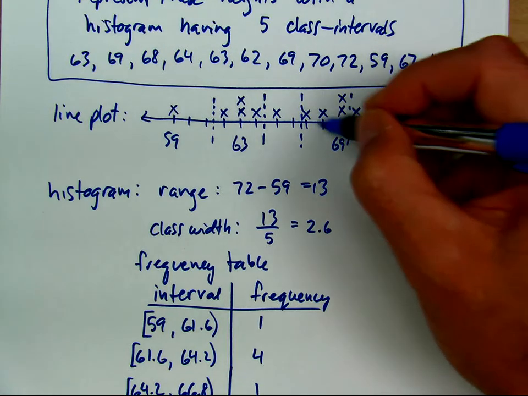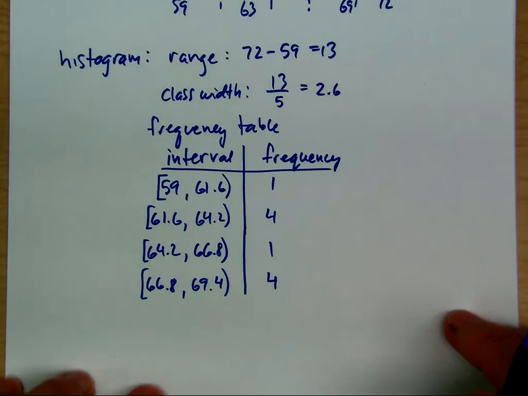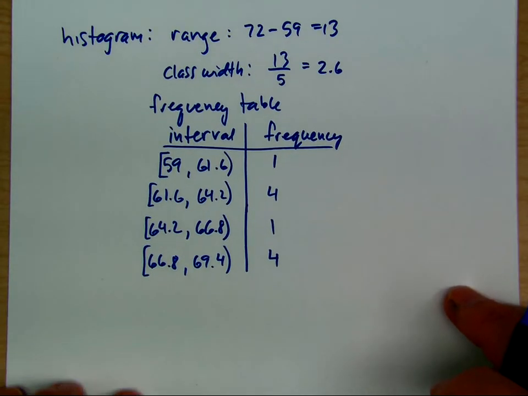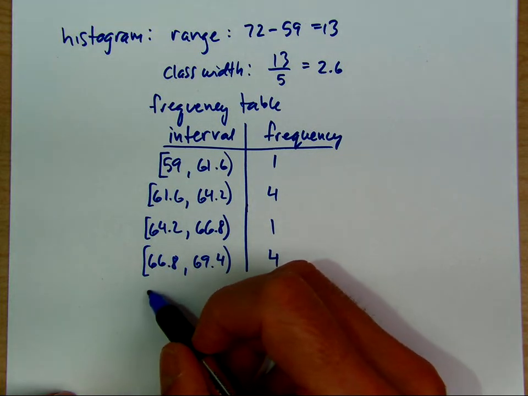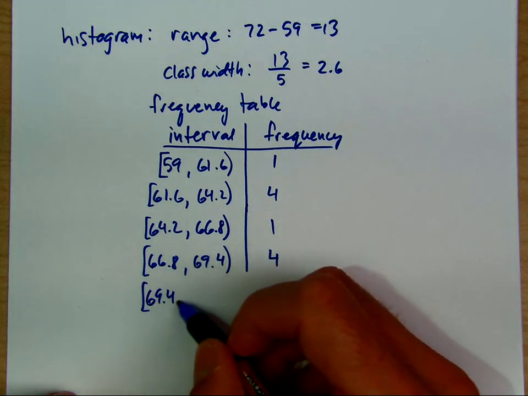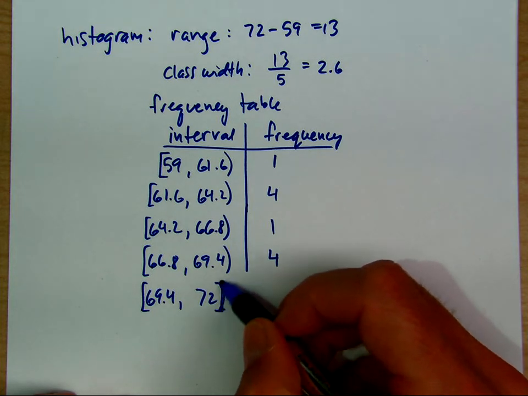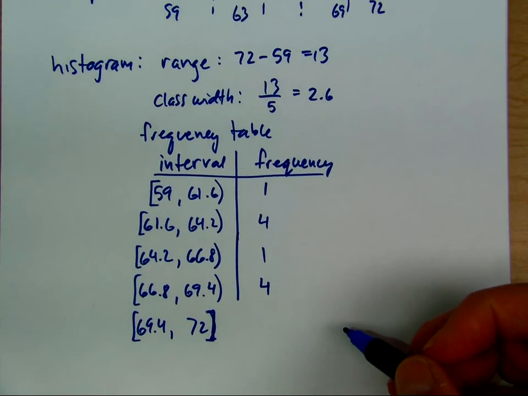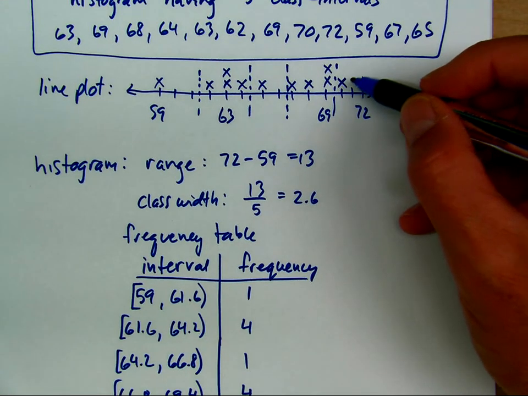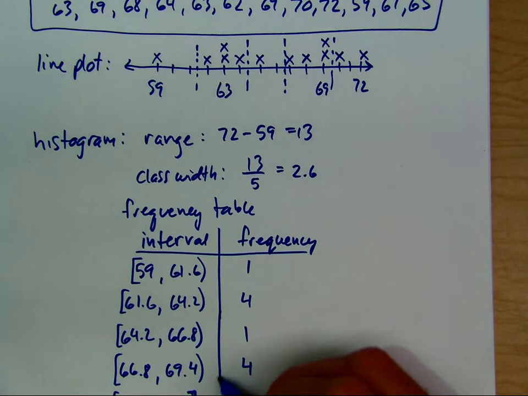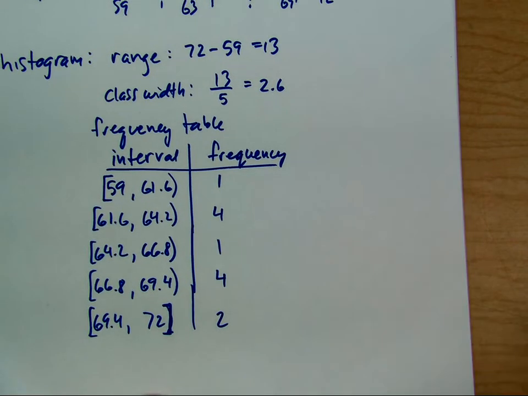Now we have 4 values there. Add 2.6 and we go up to 72. Let's just include 72 in that interval. So now we look at the line plot. There's only 2 values there, so we'll put a 2 there. Then we can make the histogram.